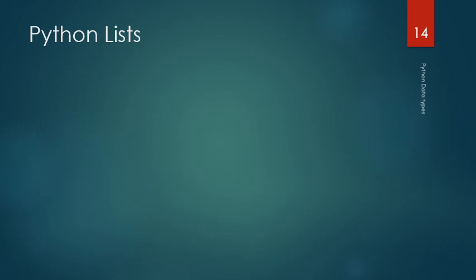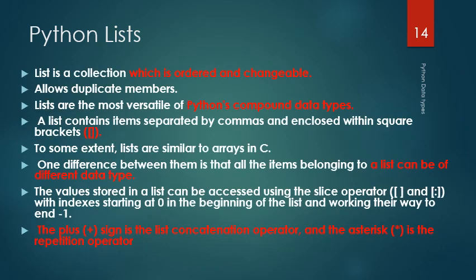Next comes the third data type, Python list. List is a collection which is ordered and changeable. List in Python allows duplicate members. Lists are the most versatile of Python's compound data types.